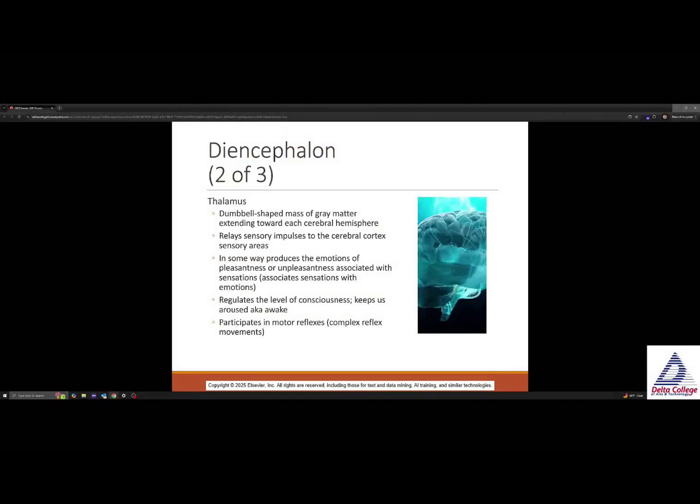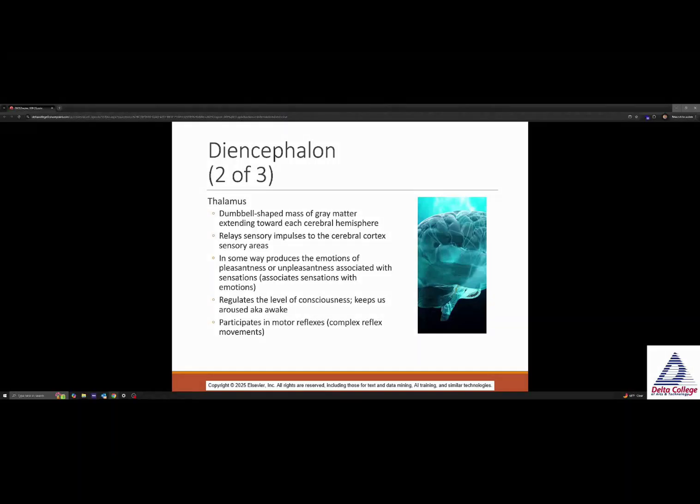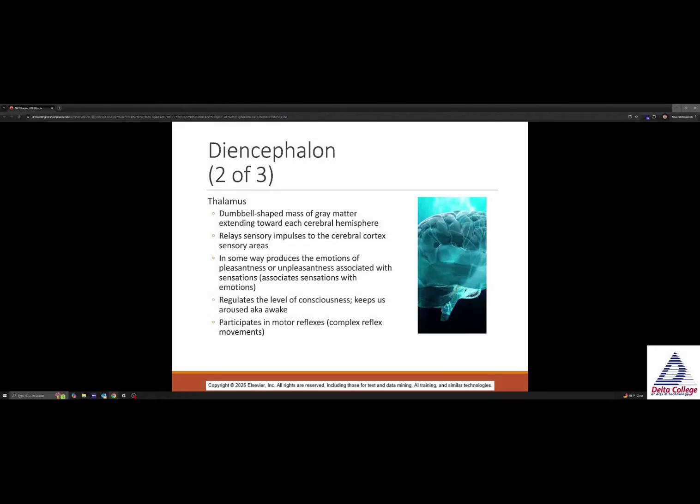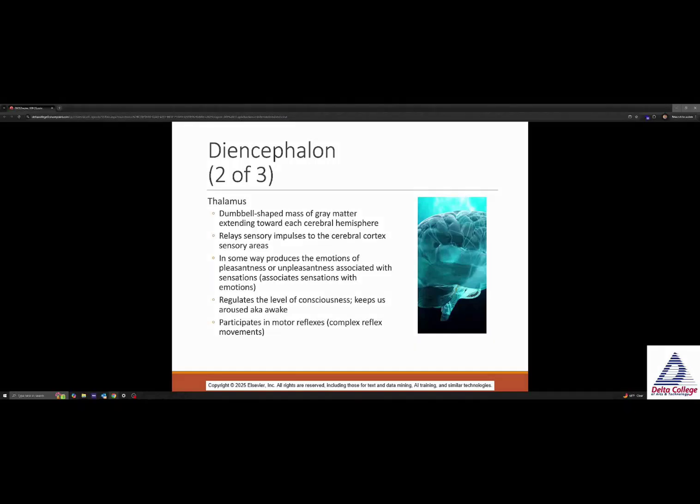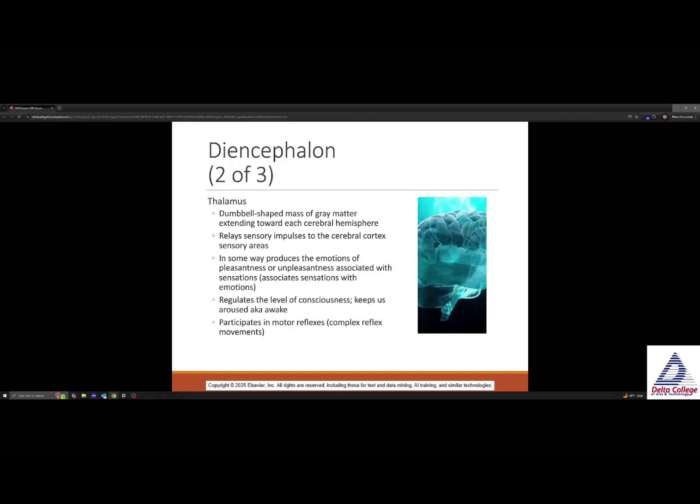Now, the other part of the diencephalon is the thalamus, and this is the dumbbell-shaped mass that's on top of the hypothalamus. It consists of gray matter extending towards each cerebral hemisphere. Hemisphere is two different sides, left and right. It relays sensory impulses to the cerebral cortex sensory areas, and in some way produces the emotions of pleasantness or unpleasantness associated with sensations.